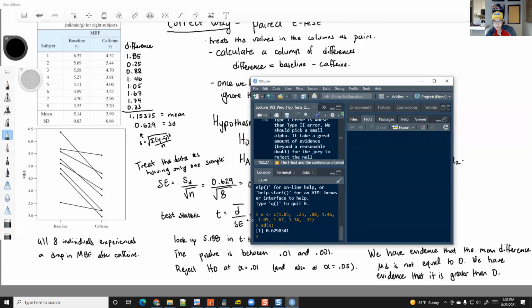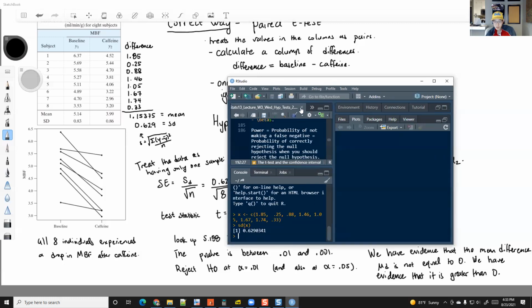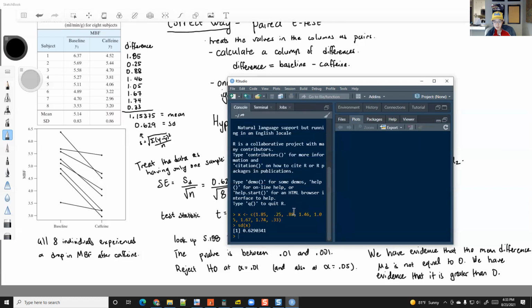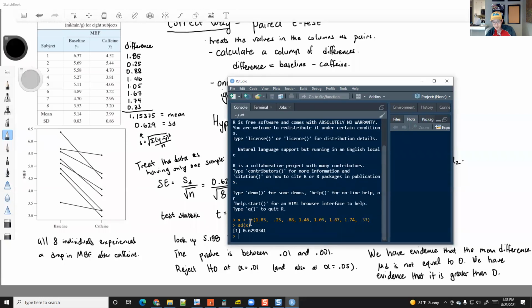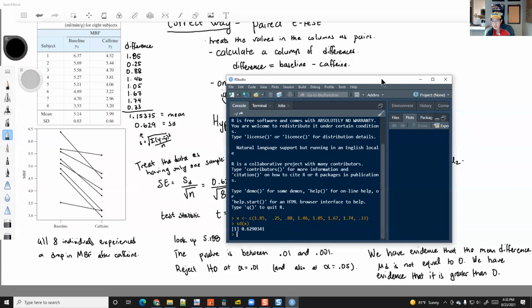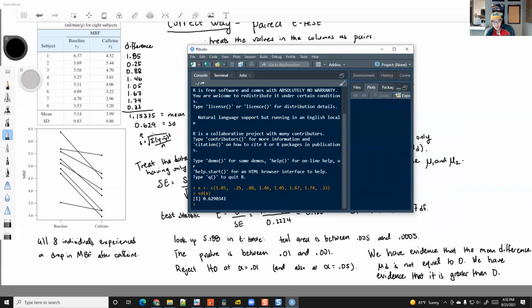You guys can see that. Okay, so for the standard deviation, I just used the calculator or the computer. I typed in the numbers in that column, and then I said, give me the standard deviation of that set of numbers. But it's just the result of using that formula, right?